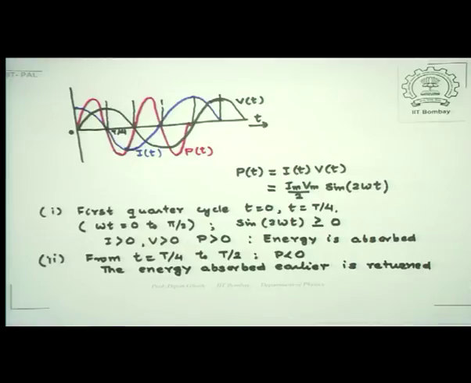Now if you look at this power curve, namely the way power is absorbed from the source and returned to the source, you will realize that in the quarter cycle in which charging is taking place, the power is always absorbed, and in the next quarter cycle when discharging is taking place, the power is returned to the source.